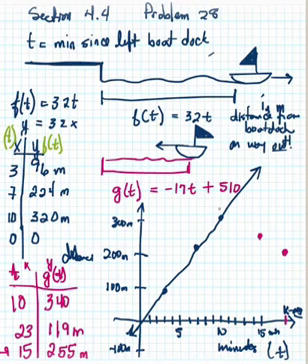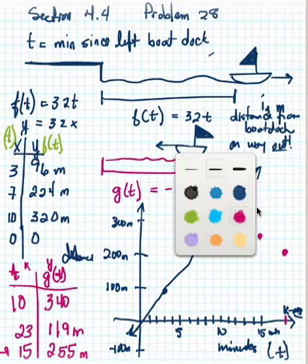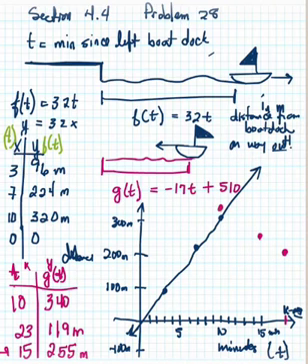It would be not quite halfway up, about right there, I think. Something like that. And again, I can't use an exact ruler. All right, so that's what it looks like on the graph.